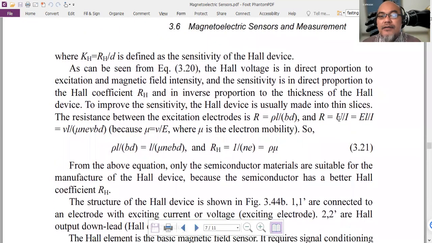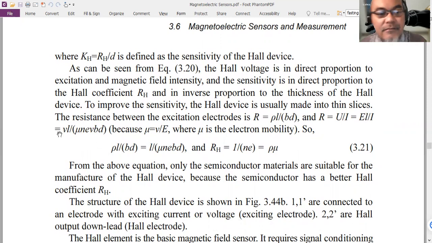Resistance also equals the voltage divided by the current, or the electric field multiplied by length divided by current, replacing E with V divided by d, because the mobility mu equals the drift velocity divided by E.